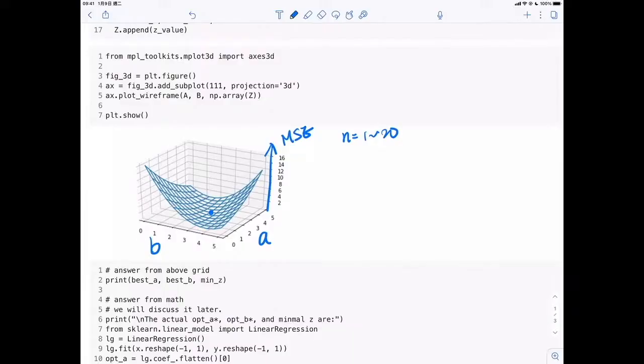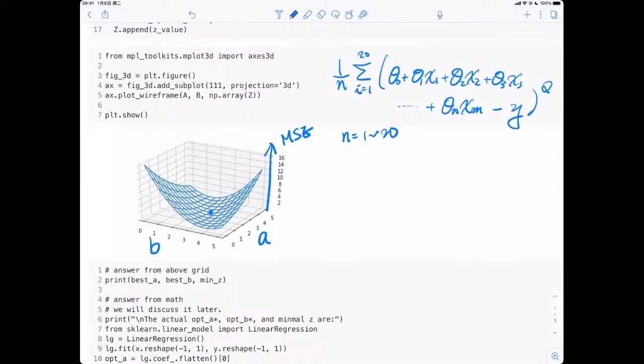So the question is, if you don't want to do the differentiation, because you have a lot of features. If you have multiple features, your linear regression function will look like this, the general form.